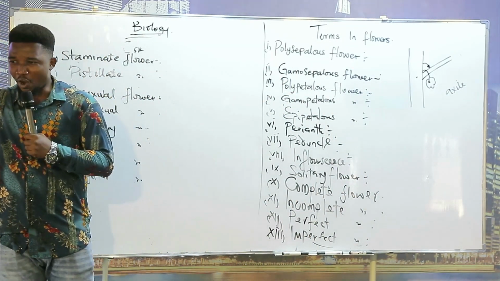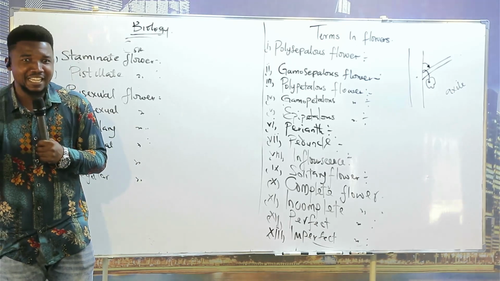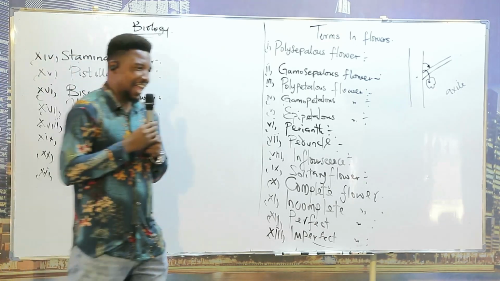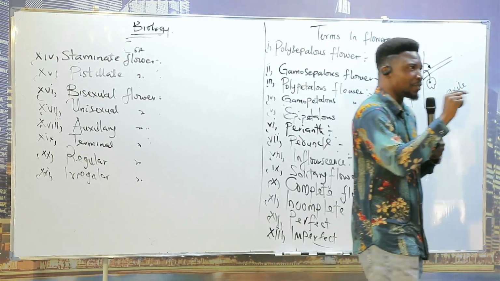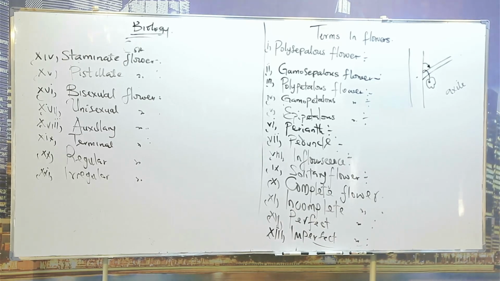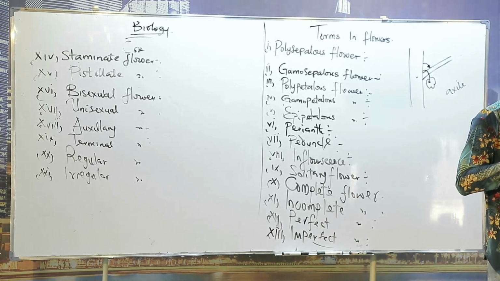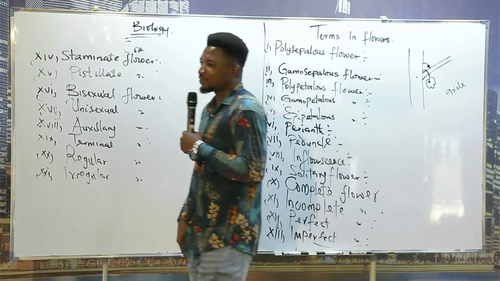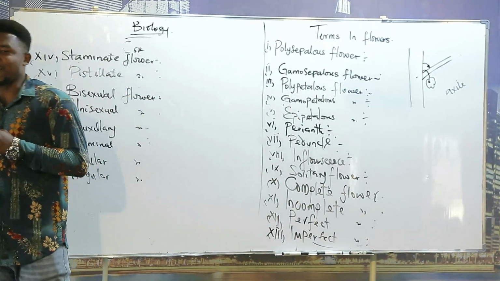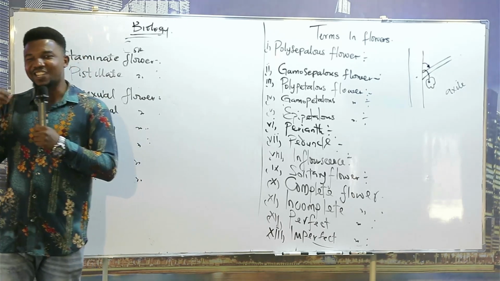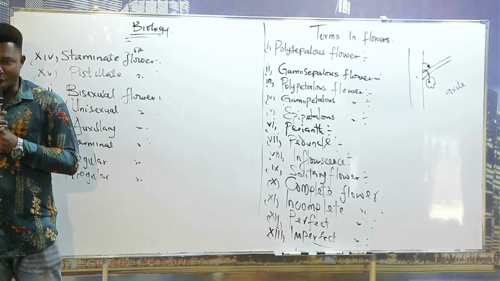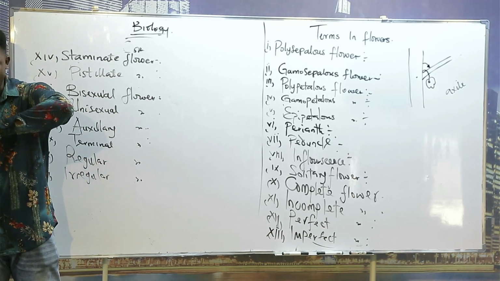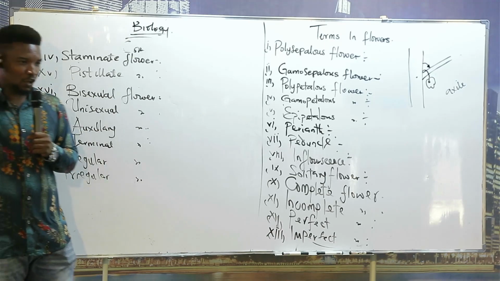Sometimes you come to an option, two options will look alike, and you choose the wrong one. So you need to have in-depth knowledge of that particular topic before you can be able to answer their questions.